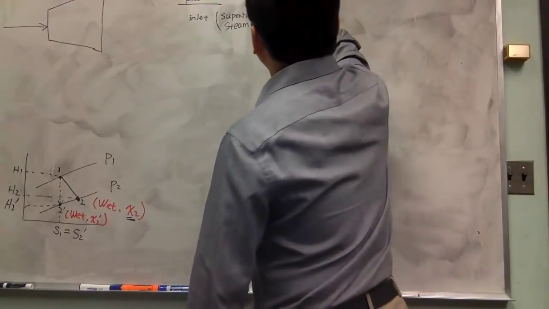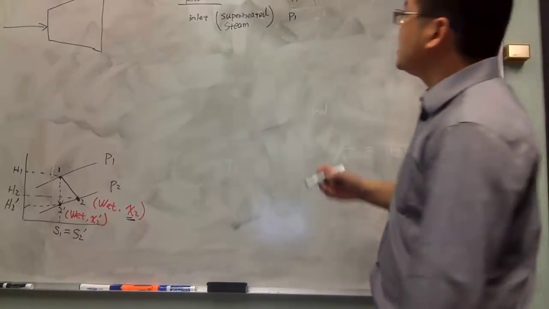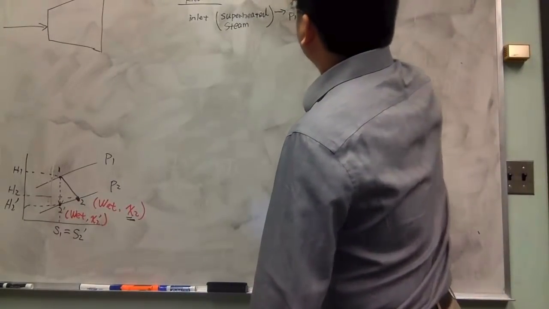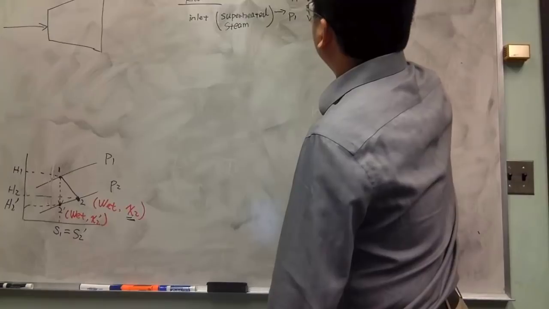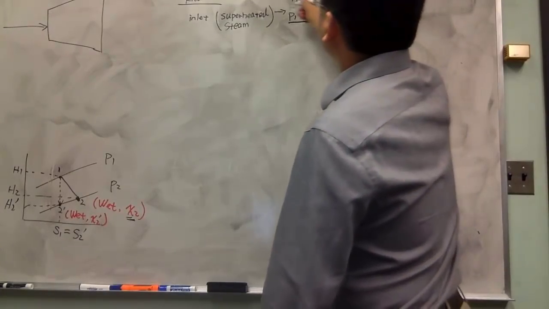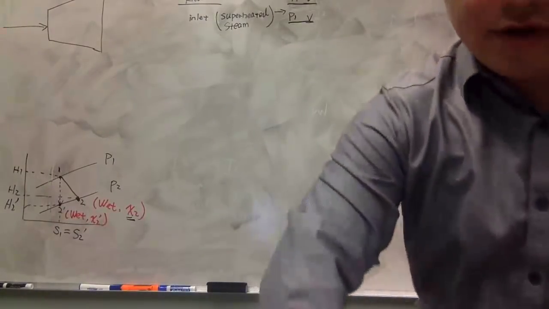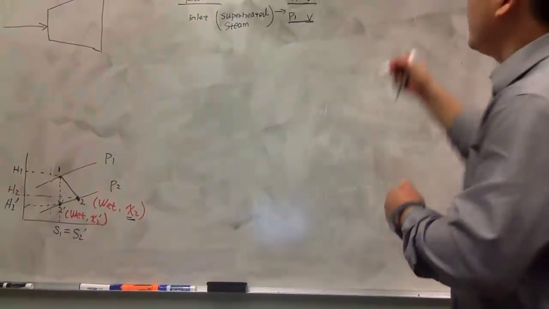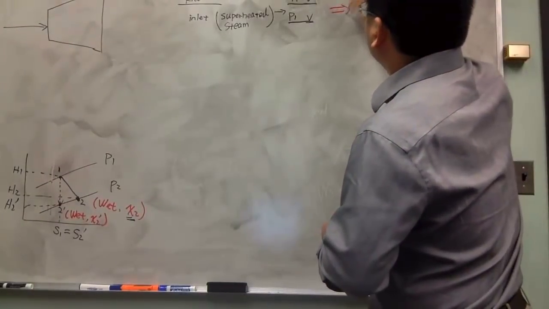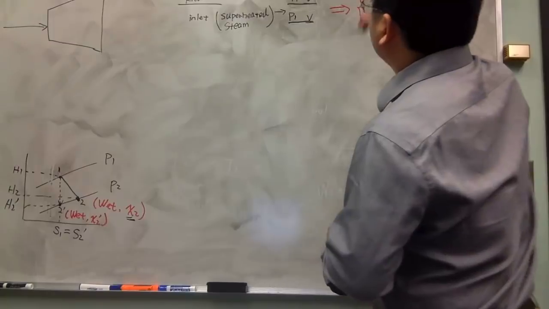So we are going to have T1 and P1 provided to us. So from there, we are going to get H1 and S1.